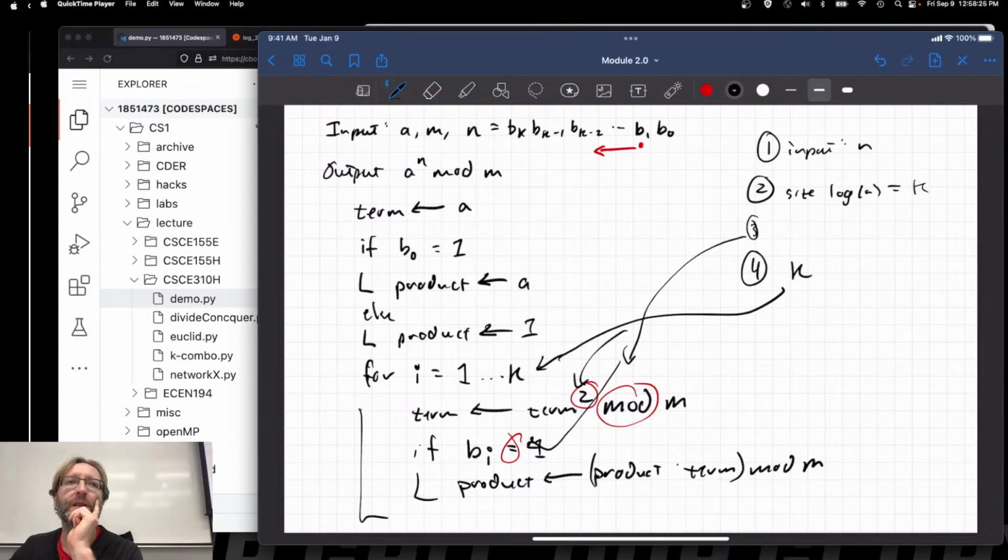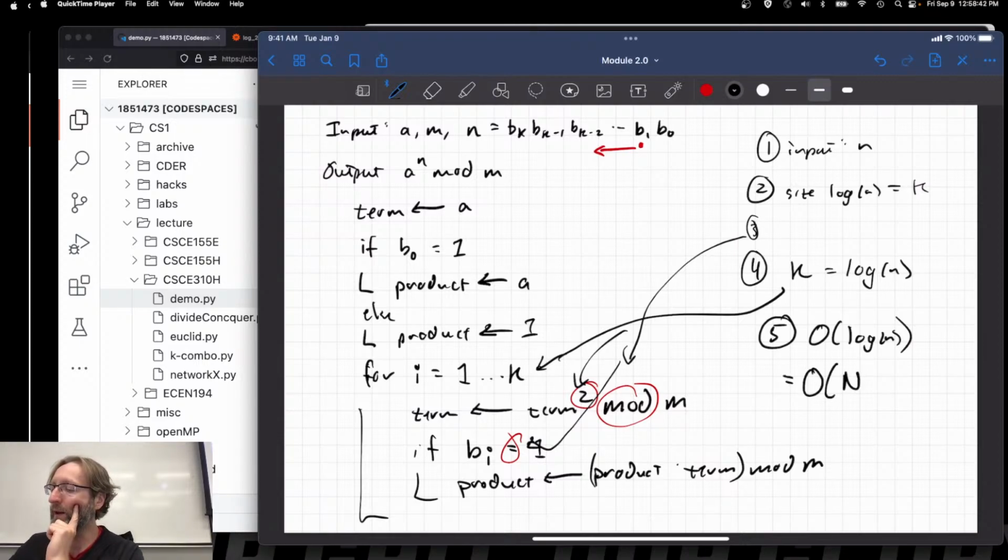Not n times, k times. And that's equal to log n, because we did the proper step 2 in this case. So this is going to be order log n, where log n is the input size, and if we substitute in a better variable for that, it's going to be linear. It's not logarithmic like binary search. It is linear with respect to the number of bits in the input.